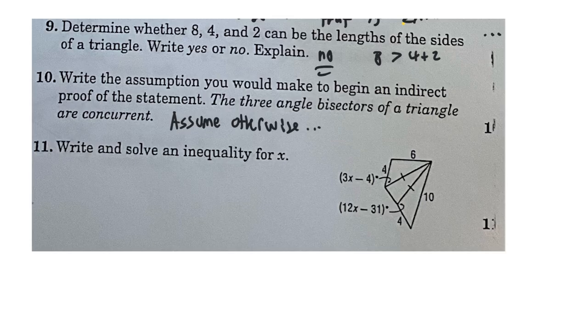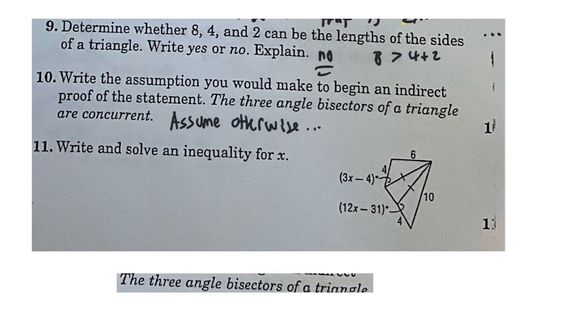The three angle bisectors of a triangle are not concurrent. Okay. So that is a way to start your indirect proof by assuming the opposite of what they're saying.